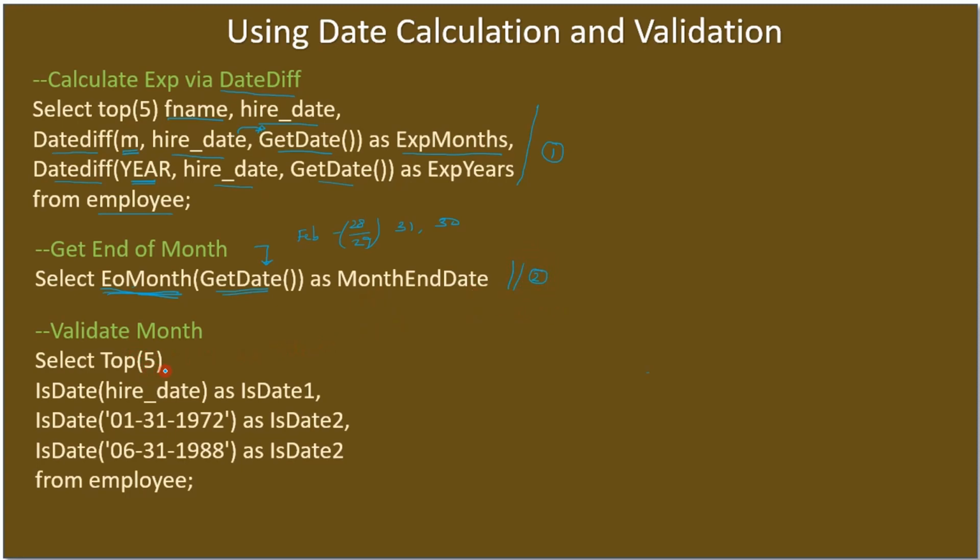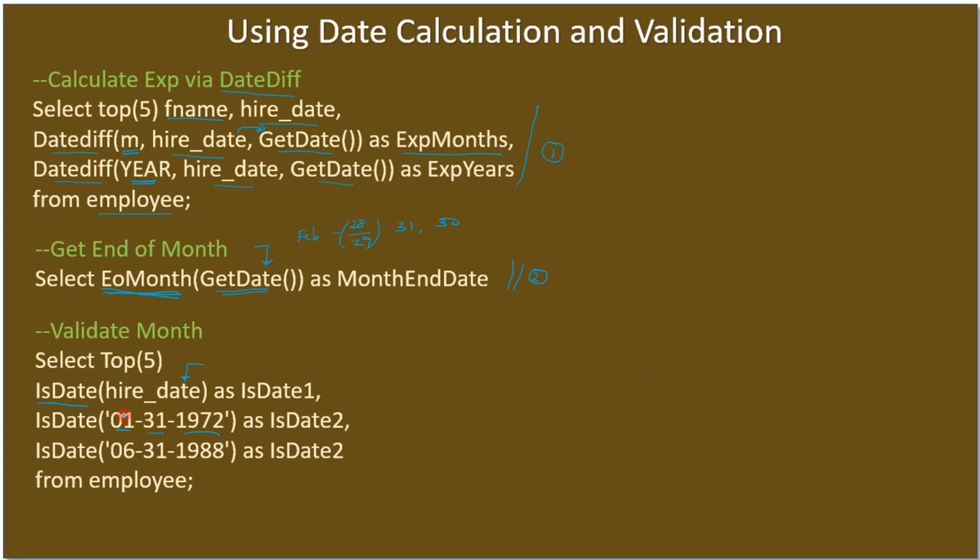Then, in order to validate a date, you can use the function ISDATE. Here we are passing the hire date. Definitely this will return true because the data type itself is a date, so it's actually a date. Here, if you see, we are checking ISDATE for 1/31/1972.